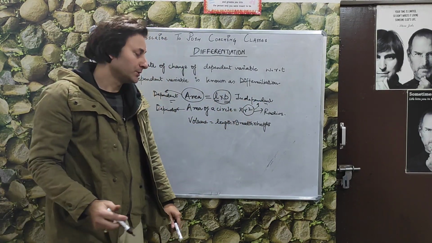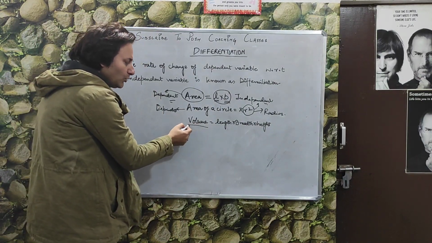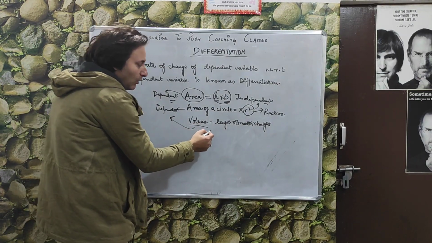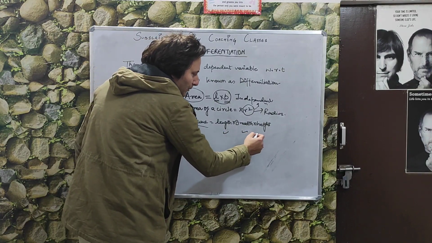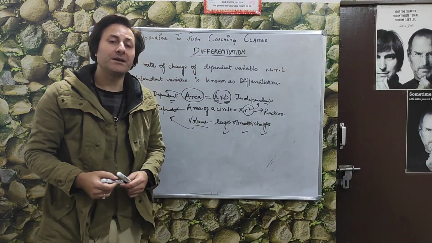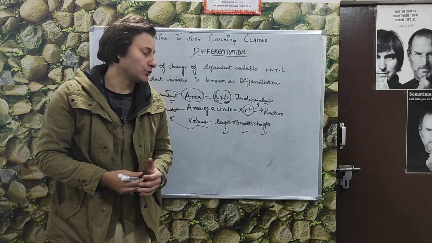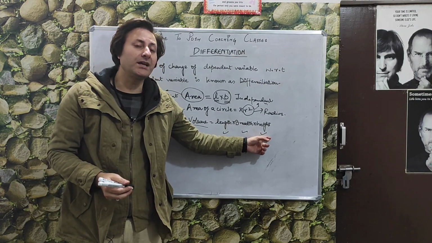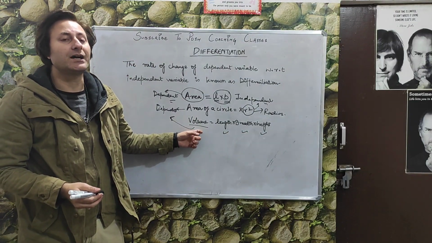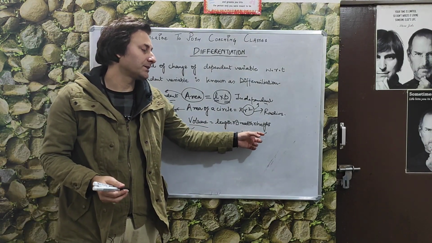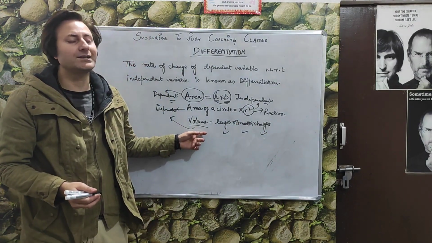Understanding my point? Same here, volume is dependent on all three: length, breadth and height. Because length, breadth and height can be anything, the moment these three change, the entire volume changes. If the length, breadth and height are lesser, we get lesser volume.